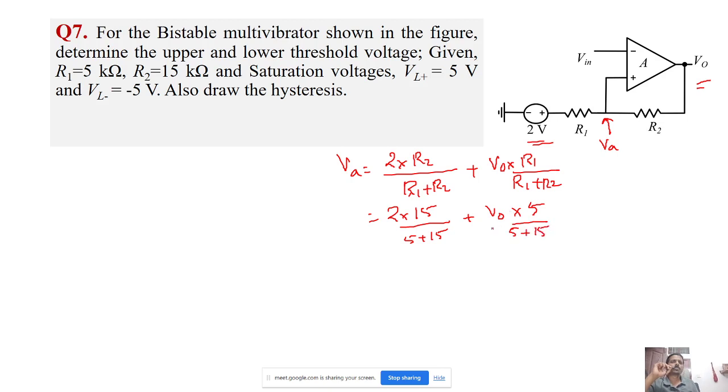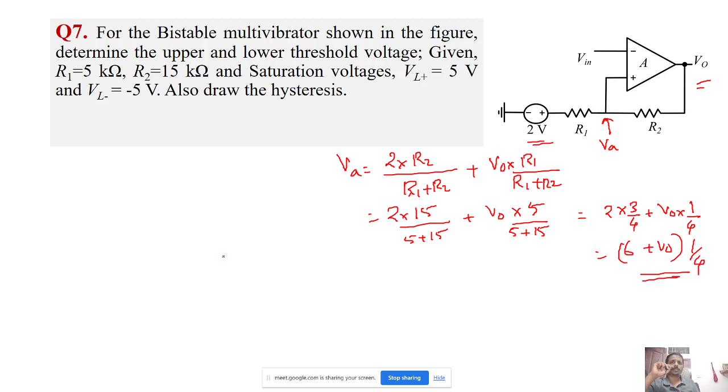Everything is in k, so that will cancel off. So we'll get 2 into 15 by 20, right? 15 by 20 is 3 by 4, so 3 by 2, which is 1.5, plus V0 into 5 by 20, so 1 by 4. So this is the VA voltage.